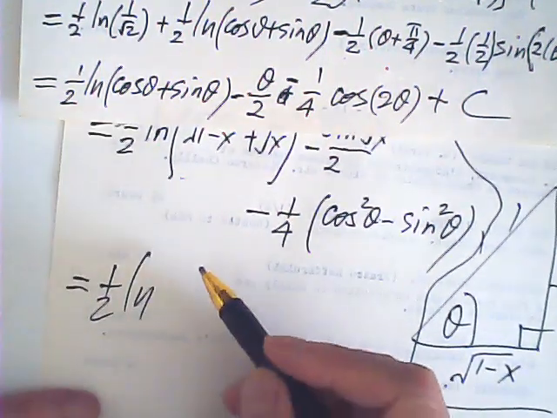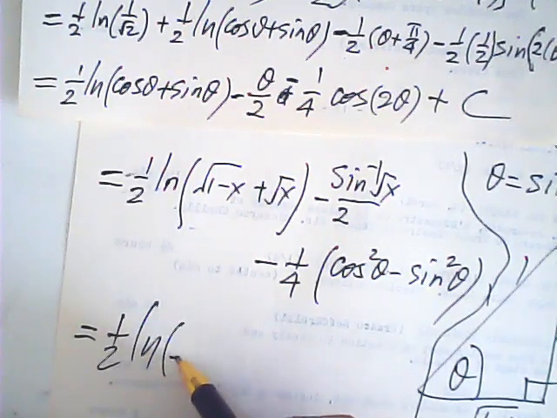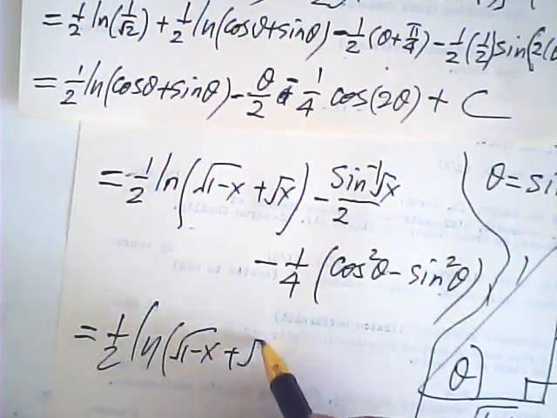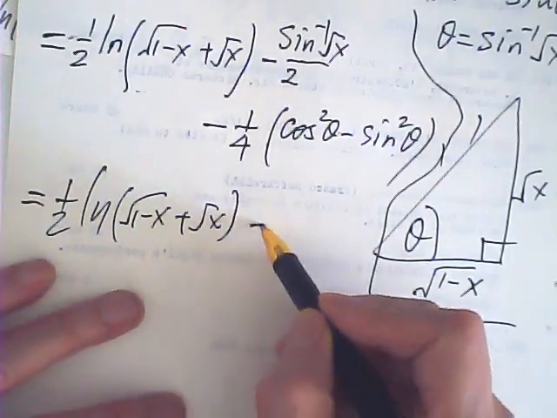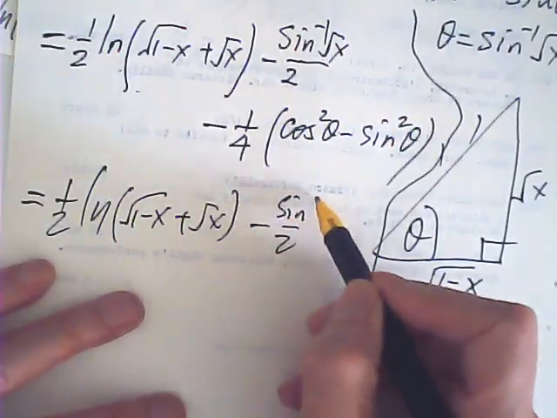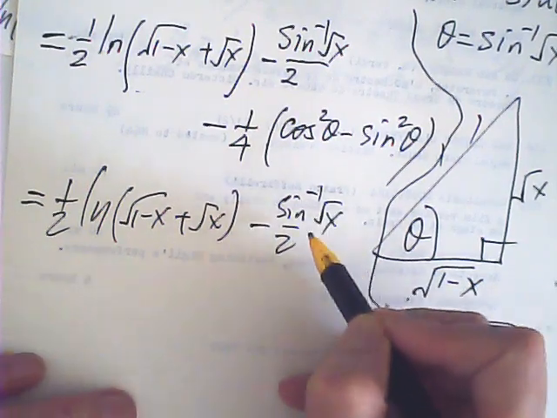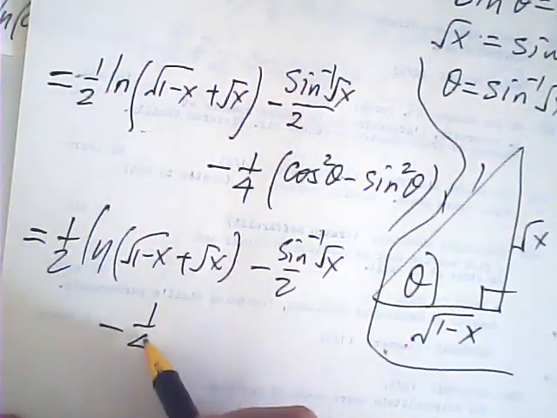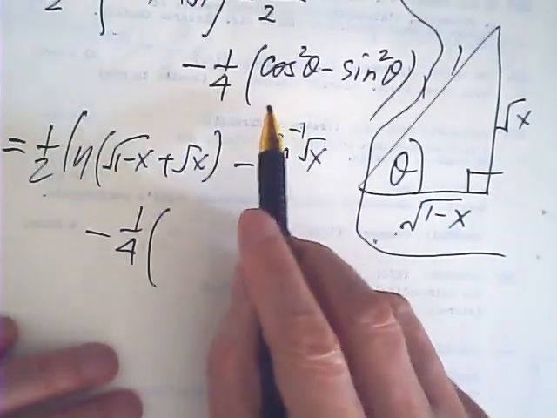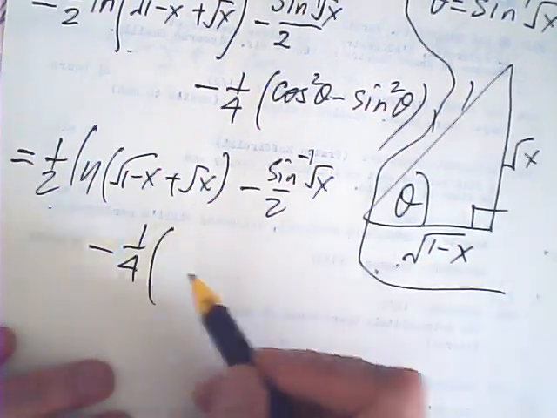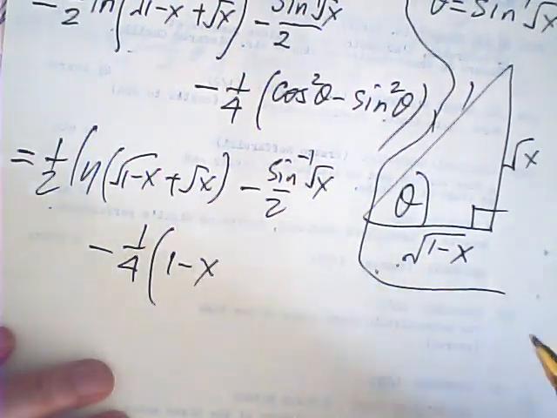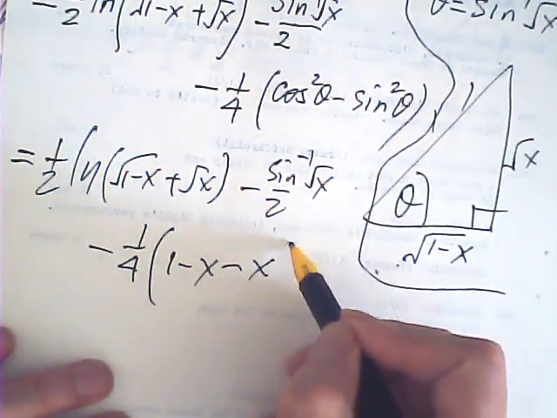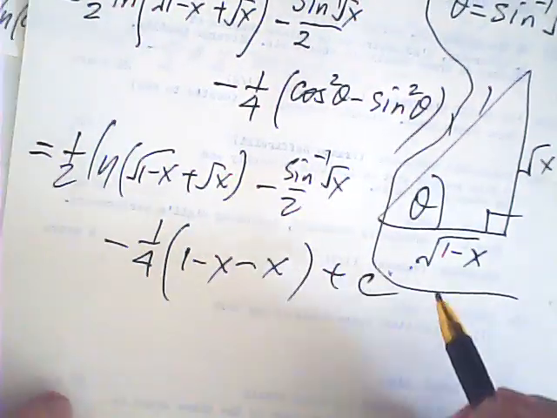So this one is equal to half natural log 1 minus this one plus root x minus half inverse sine x minus 1/4 cosine is equal to this, right? Square minus this one plus c, okay?